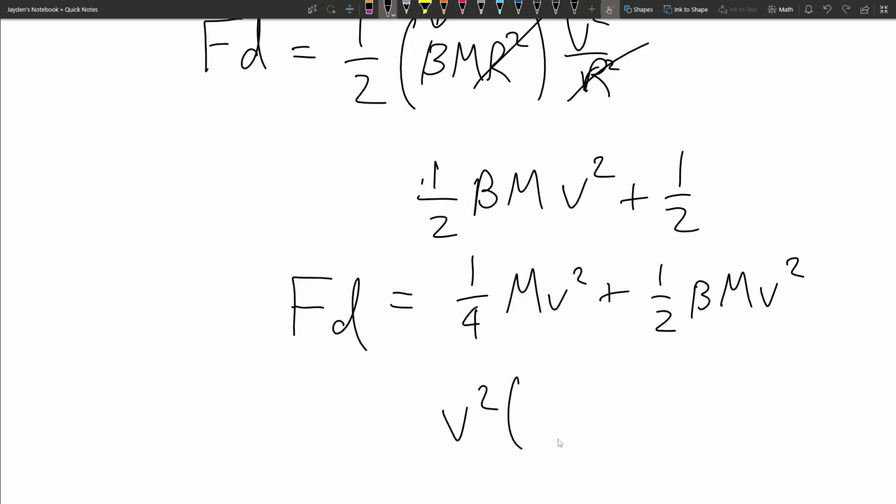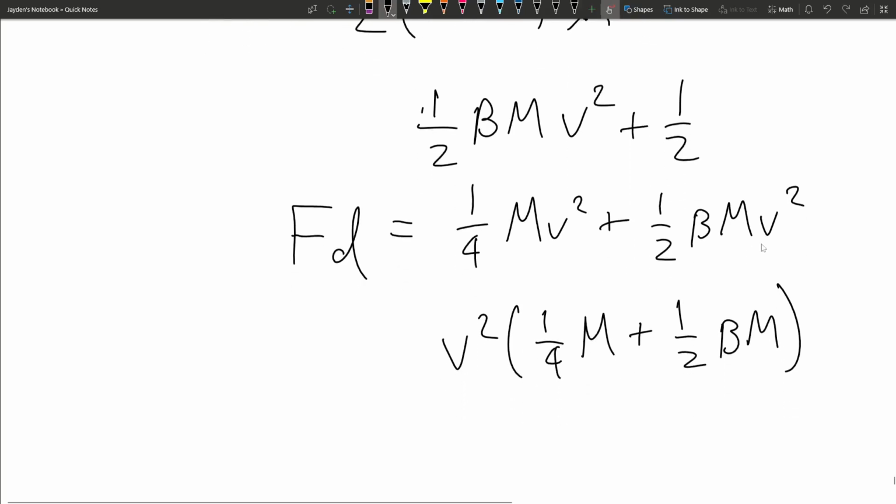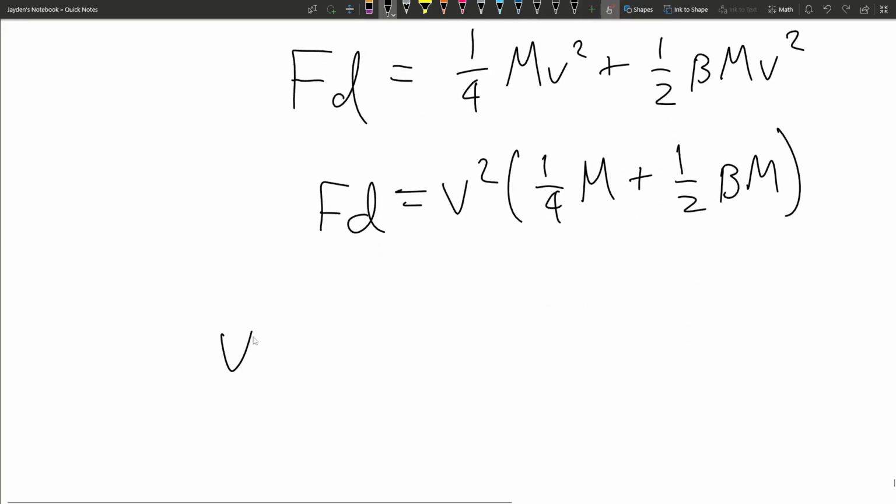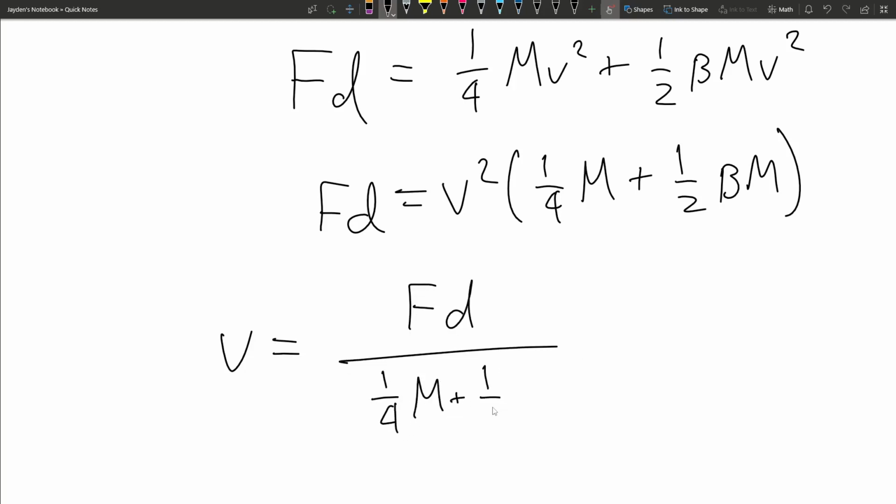So v squared times 1/4 M plus 1/2 beta little m, and these are different m's by the way, is equal to F d. V is equal to the square root of F d divided by 1/4 M plus 1/2 beta little m.